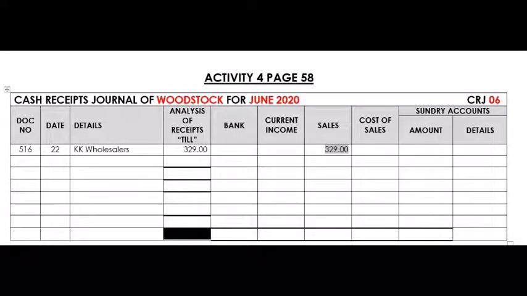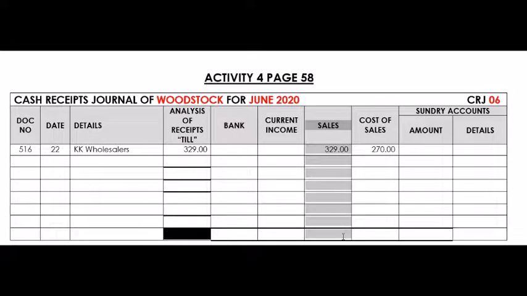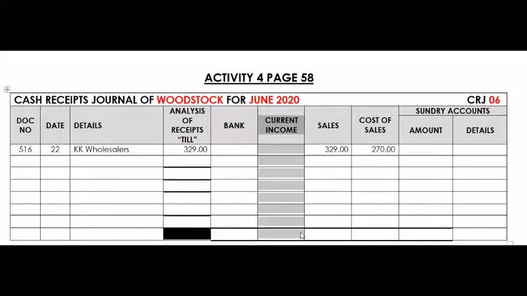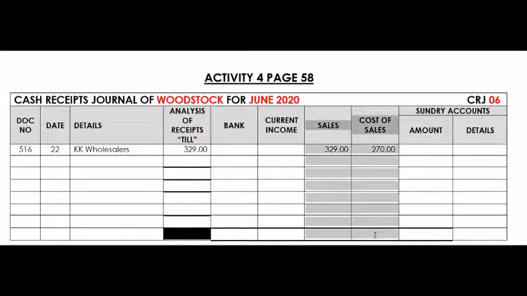And then because we've got a sale, we have to record the cost of sales value as 270 Rand, which was given to you. Remember, every single time when there's a sale, there will be something in cost of sales. If there's current income, there won't be something in cost of sales. It's only if there's a sale. So these two columns go together.